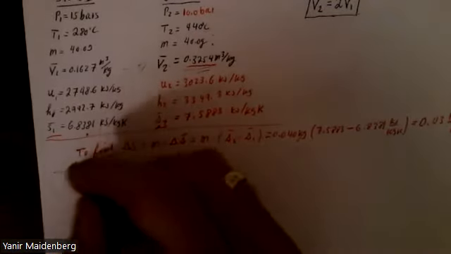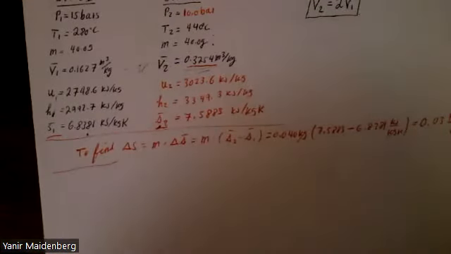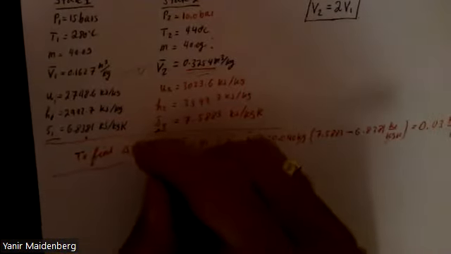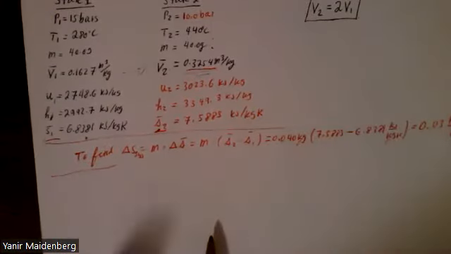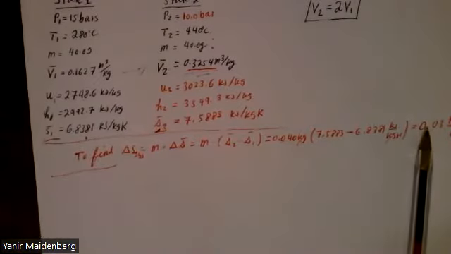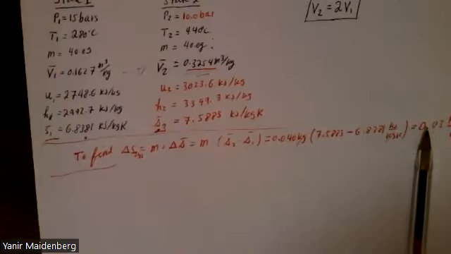I could have done Q first, but I didn't need Q to find delta S. Now I'll remind you, when I'm doing delta S, I'm either doing a delta S for the surroundings or for the system. This is for the system. It's specifically for a control mass or control volume that you're looking at.